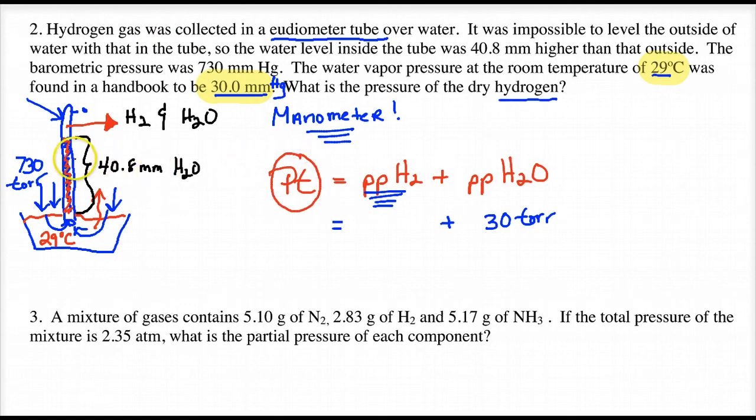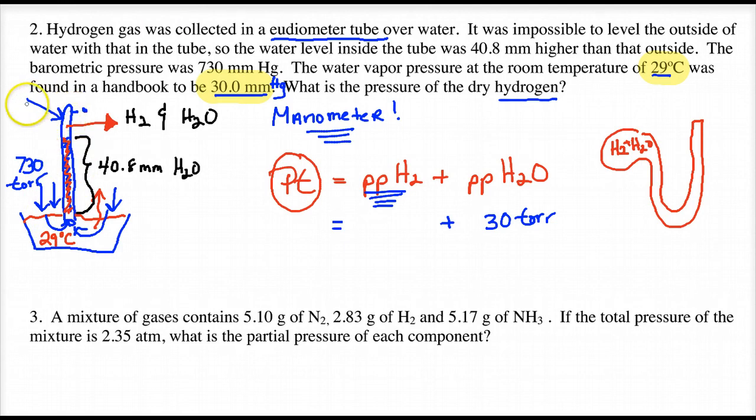Look very carefully. Think about having a gas in a container in a U-tube. Here's our hydrogen and here's our water vapor. Is it winning or is it losing? Clearly atmospheric pressure is pushing this water up, and clearly this gas is pushing down.